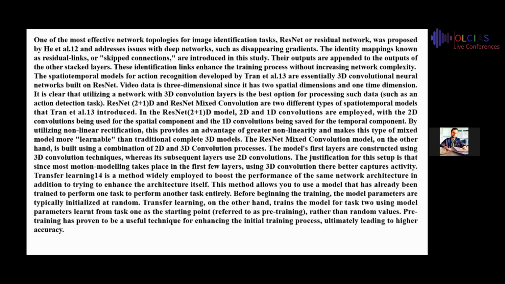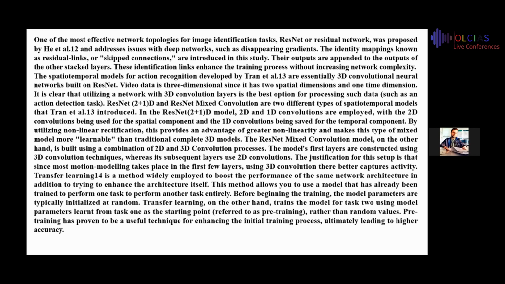The spatio-temporal models for action recognition are essentially 3D convolutional neural networks built on ResNet. Video data is 3-dimensional since it has 2 spatial dimensions and 1 time dimension. So it is clear that utilizing a network with 3D convolution layers is the best option for processing such data, such as an action detection task.